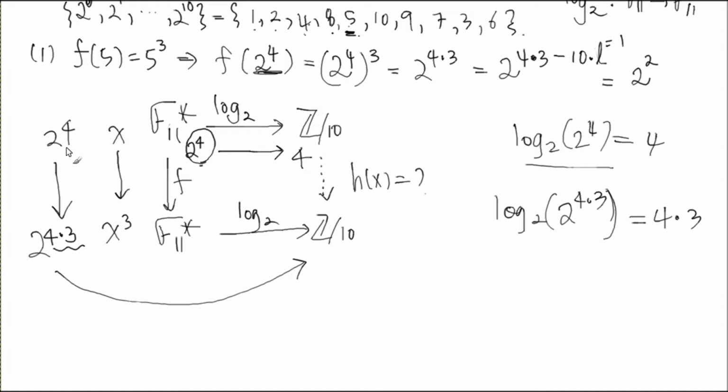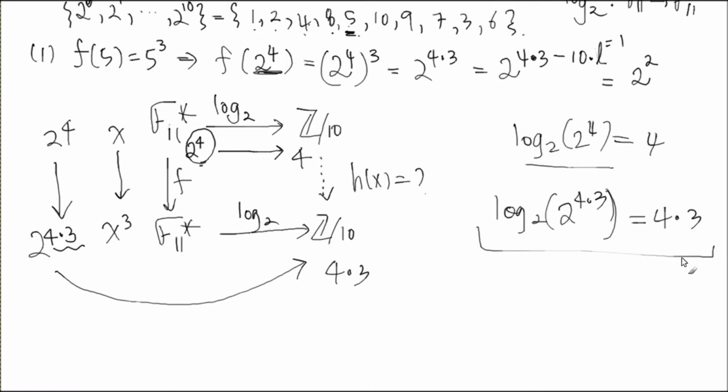So you start with the 2 to the 4th, which was really 5, on the left-hand side of the vertical map, raised to the third power. So what happened to the exponent is 4 times 3. So if you go to the horizontal map, which is the logarithm map, of course it picks up 4 times 3, right? That's what this map is.